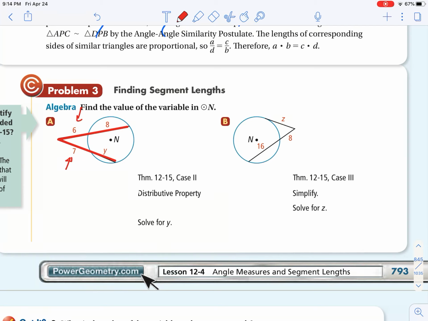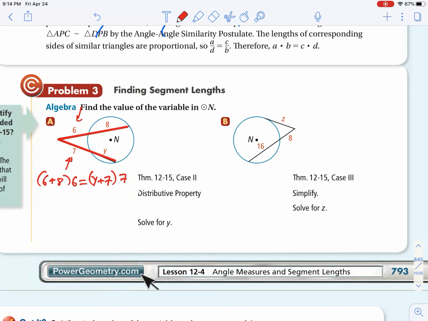We're going to say 6 plus 8 times 6 equals y plus 7 times 7. They're really nice to us because that y is on the inside and not on the outside. But for you honors people, maybe we can figure that one out for you one day.